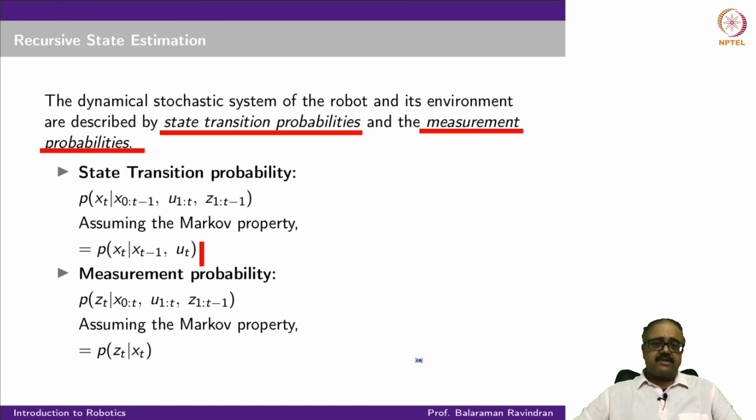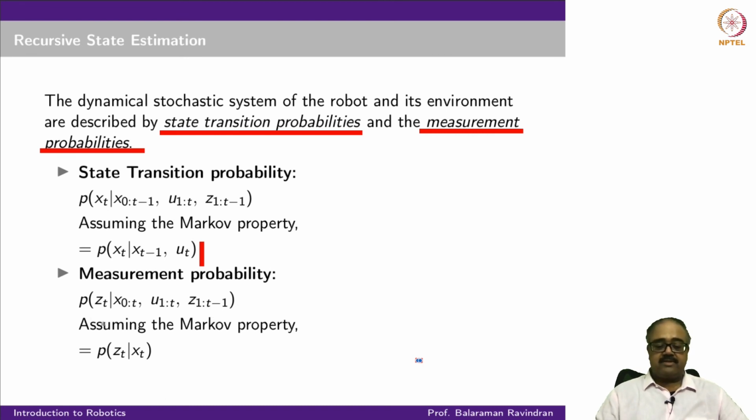The second component that we mentioned earlier is the measurement probability. What is a measurement probability? It is the probability that I will make a specific measurement zt given the history of states x0 to t, the history of actions u1 to ut, and the history of observations z1 to zt minus 1.